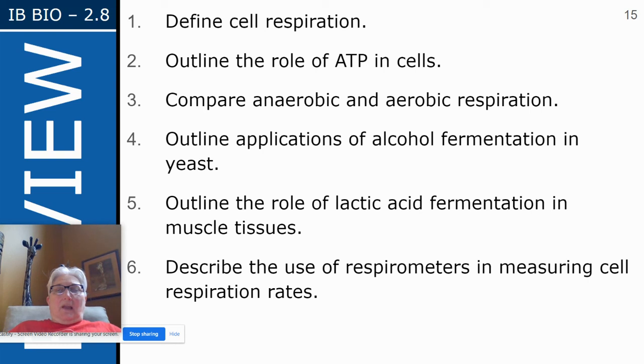So I'm going to load this into Google Classroom, and along with some notes, I'm going to give you my notes so that you have that introduction. I'm also going to give you a graph that I made that compares the types of cell respiration, either aerobic or anaerobic, and then a very short quiz using IB questions, right?